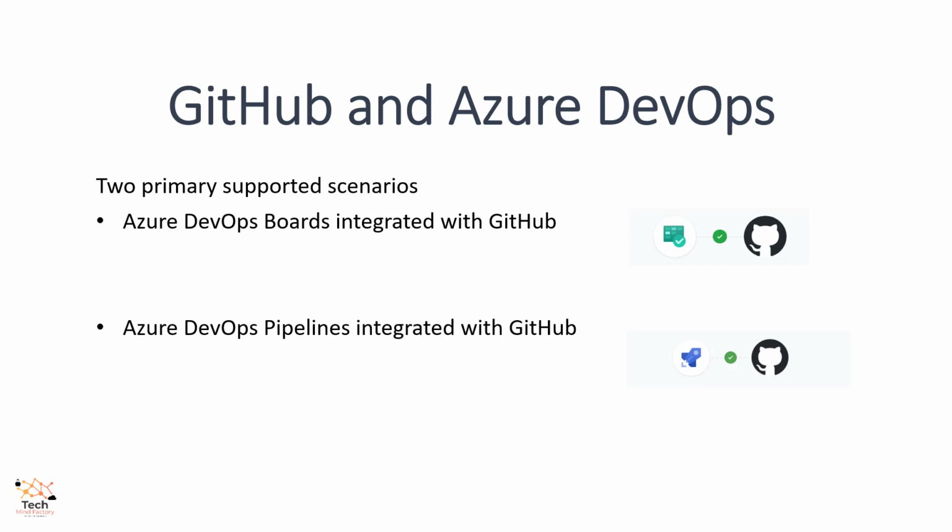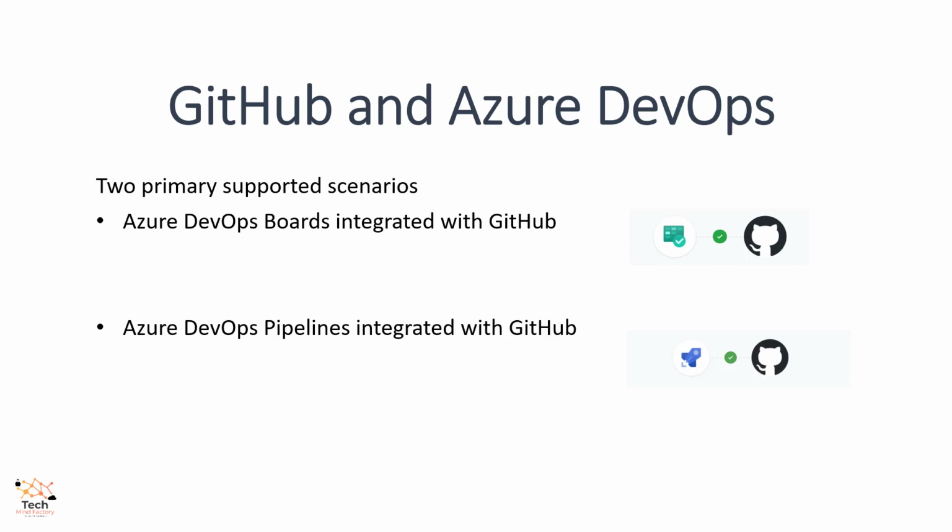And the last thing that I would like to talk a little bit about is integration between GitHub and Azure DevOps. So there are two primary supported scenarios when you still use Azure DevOps, but probably you would like to try GitHub. So first of all, you can use Azure DevOps boards with GitHub. You can host your source code on GitHub, you can have pull requests on GitHub, but you can use Azure Boards in Azure DevOps.